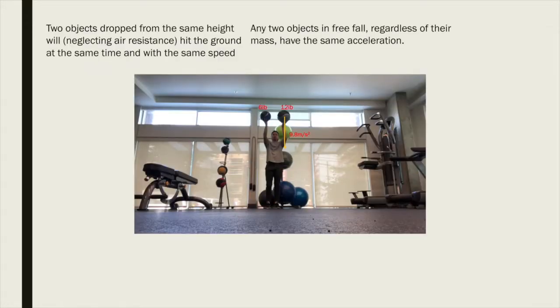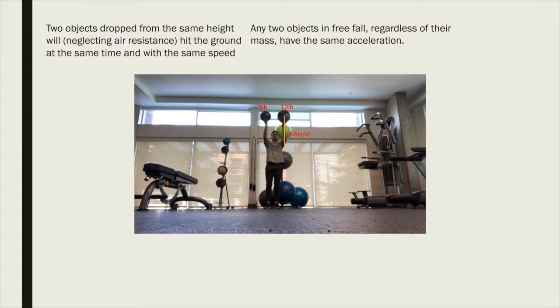So this is an image of me attempting to drop two balls at approximately the same height. It's important to note here that in this experiment we're neglecting air resistance, but since the two objects are heavy enough, air resistance would be really negligible if we even considered it.